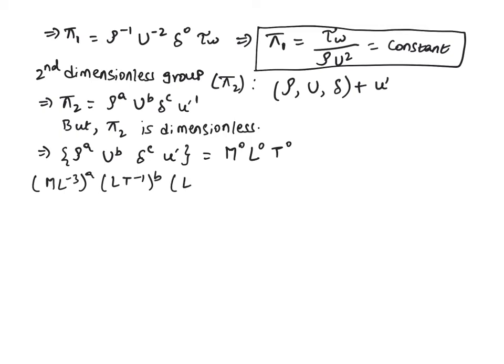Delta would be L raised to the power of c. u prime is again a velocity, which would be represented as L T^-1, and this is equal to the right hand side, which is a dimensionless number, M^0 L^0 T^0.